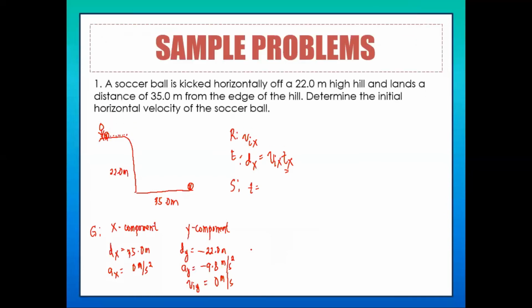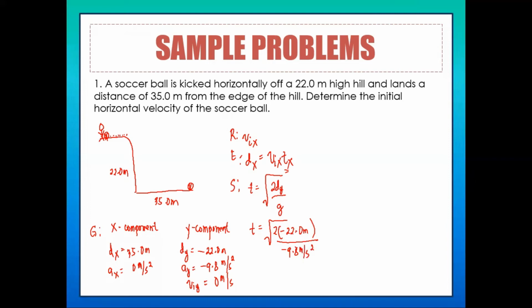So, t is equal to square root of 2d sub y over the gravity. Okay, meron tayong mga given yan, kaya hindi tayo mababahala to further move on. So, t is equal to square root of 2 multiply 2 d sub y natin na negative 22.0 meters divide by the gravity, negative 9.8 meter per second squared.